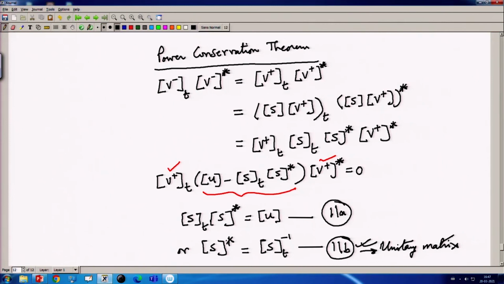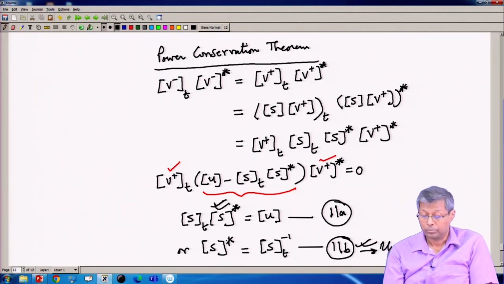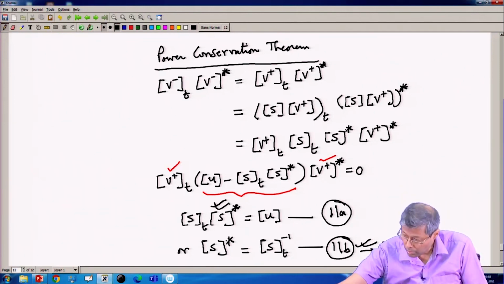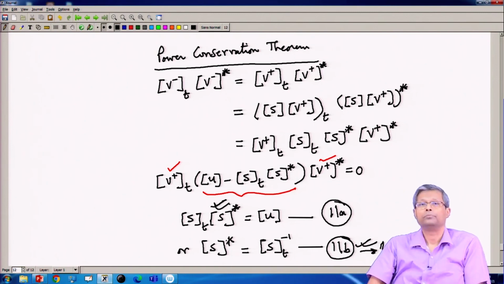And the conditions 5 and 10 we discussed before can be obtained by performing the matrix multiplications in equation 11a. Okay. So, that is all for this session. We will continue.